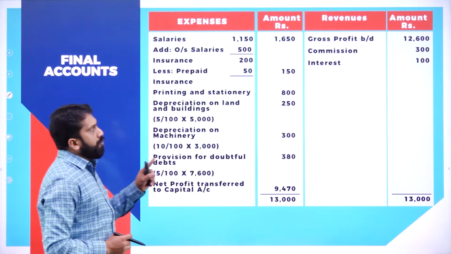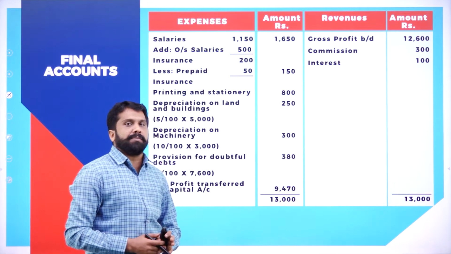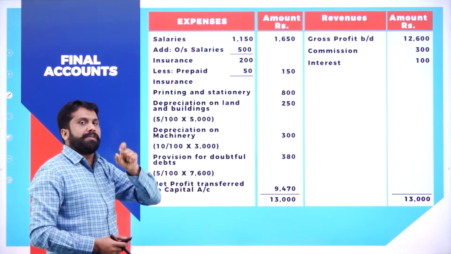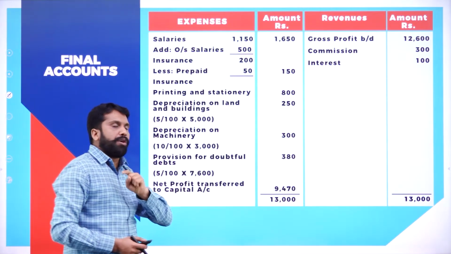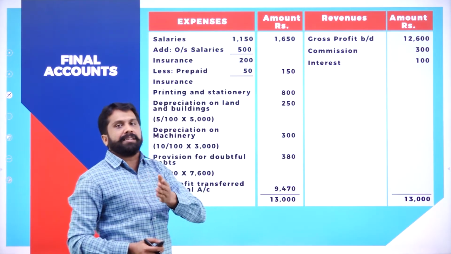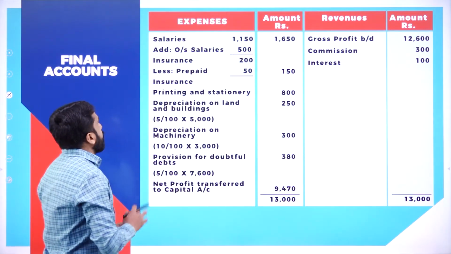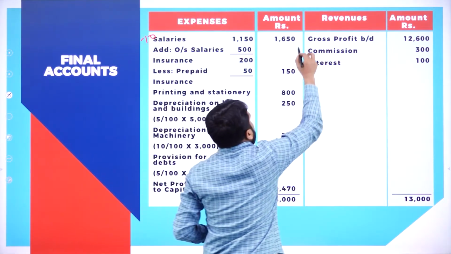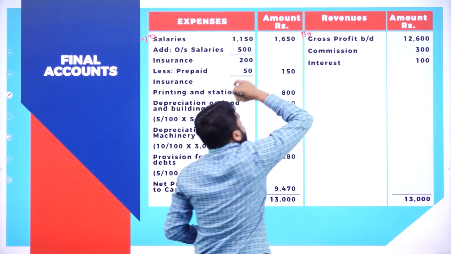Next, profit and loss account. Similarly, as I told you, the words expenses and revenue are not required. You can go with the particular amount. Anything is okay. Now, same procedure. Your debit side will be to and credit side will be by.